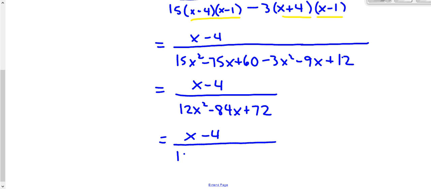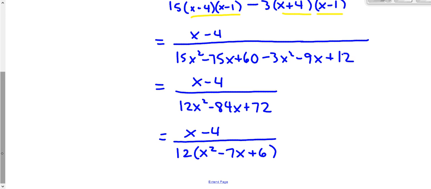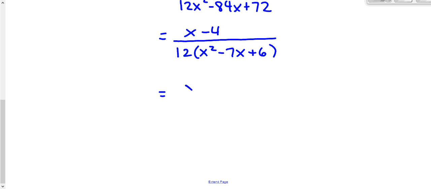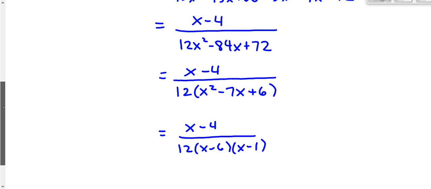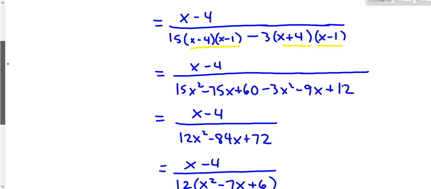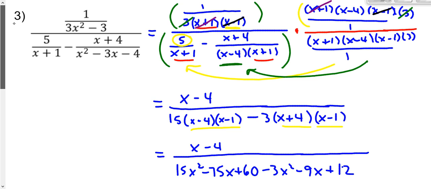Let's factor out the 12. That leaves us with 8x minus 7x plus 6. Okay. And then, does that factor? Looks like it does. We get x minus 6 times x minus 1. But that's great that it factored, but nothing cancels. Hopefully I didn't make a mistake on the top.